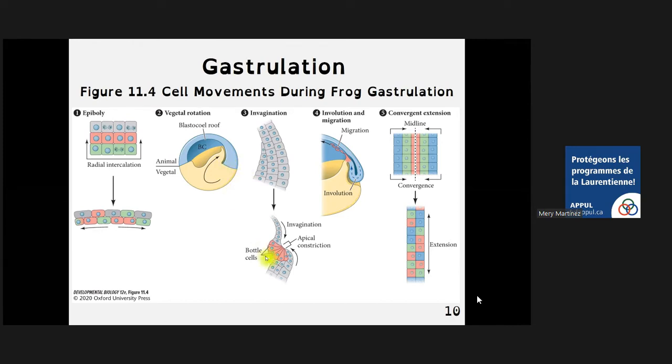Here we have the transformation of the cells that are leading the formation of the archenteron, that are the bottle cells, okay? And in here we have the involution. Here we see how we start looking at the migration of these cells, okay? And at the very end, we have the convergent extension movement.